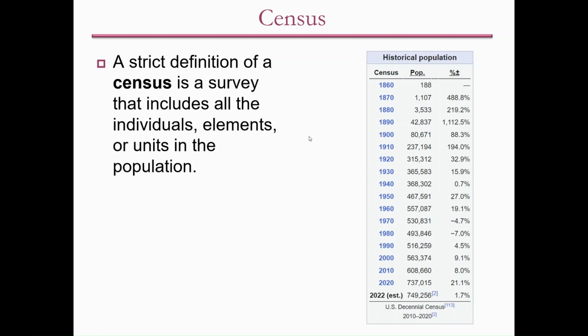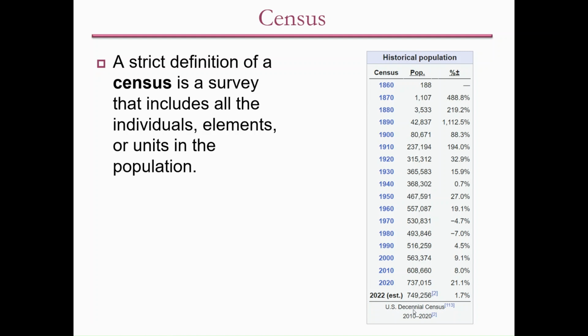What I'm trying to emphasize with this slide is that we rarely will actually perform a census. It takes a lot of money and time. You can see here at the bottom it says they're performing the census every 10 years. So we're only counting how many people are in the country every 10 years.